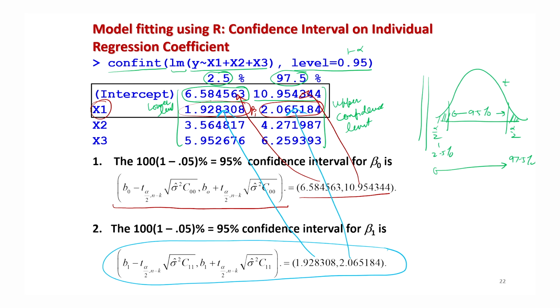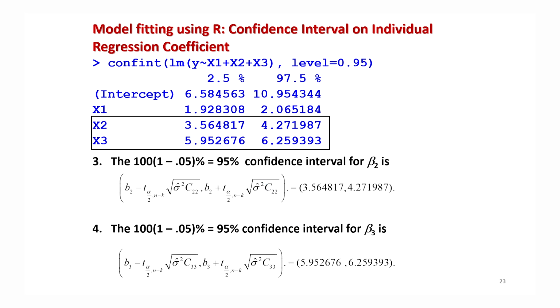And similarly, the remaining two rows are for x2 and x3. So, this is for beta 2 and beta 3. This is the lower confidence limit, and this is the upper confidence limit, right.